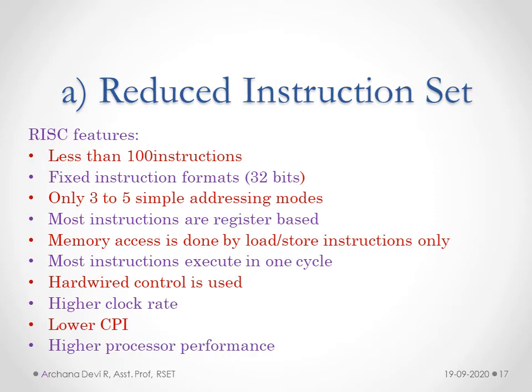We can achieve higher performance in reduced instruction set architecture because fewer instructions are being executed, and hardwired control is used. Because of all these factors, you will have better performance.